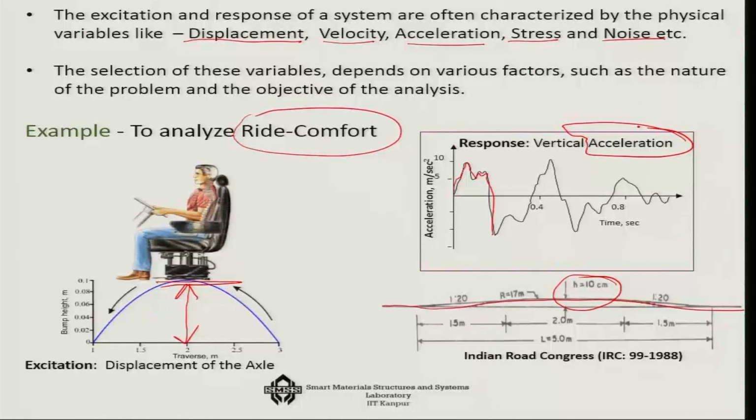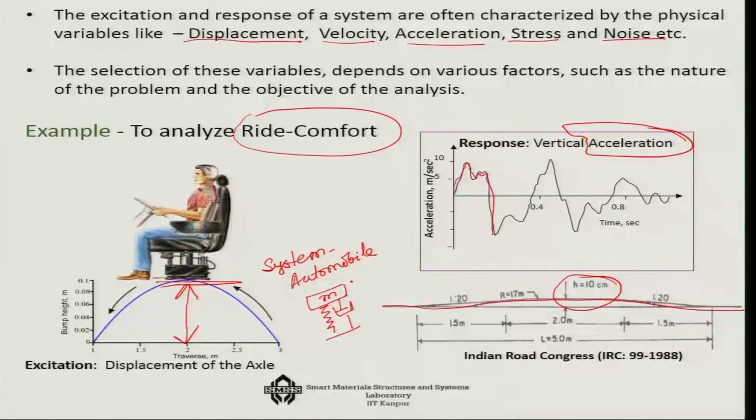So, in this ride comfort case, the system is an automobile system, and the simplest description of it is a quarter car description. That means the mass of the automobile, at least 1/4 of it, some spring and some damper.